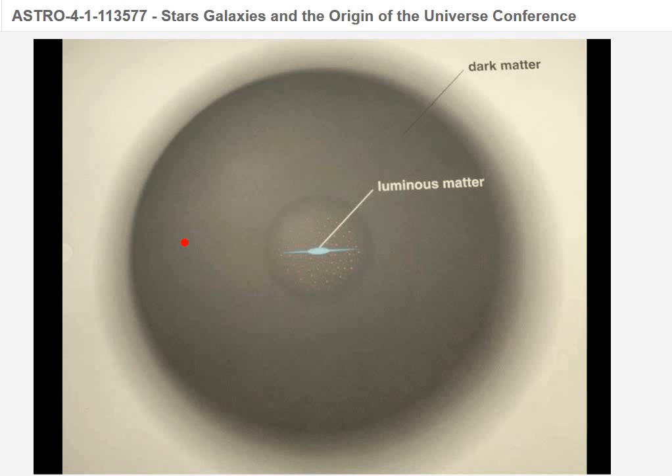In some ways I like this graph, but in other ways I don't, because it looks like the dark matter just sharply cuts off here. And it doesn't. What it does is it's denser in here, and then it gets less and less and less as you go out.